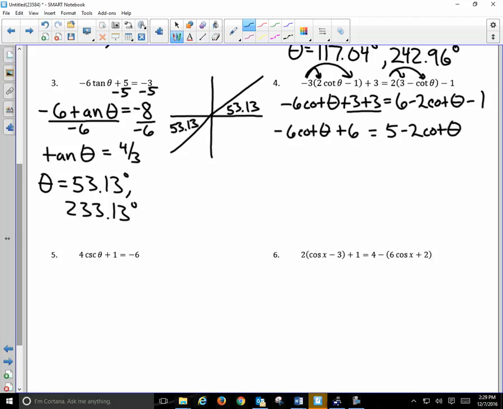I'm going to put all my cotangents on the left-hand side. How do I get the cotangents on one side? I'll add 2 cotangents. Get negative 4 cotangent plus 6 is 5. Subtract my 6.